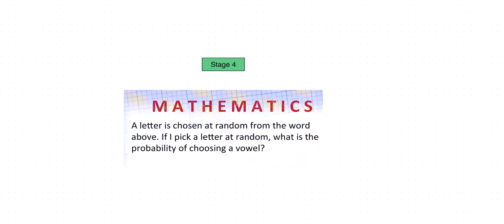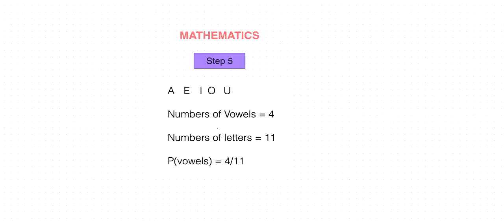A vowel is either A, E, I, O, or U. When we look at the word mathematics, how many vowels are in that word? Well, there's one A, there's an E, there's another A, and there's an I. So there's 4 vowels.